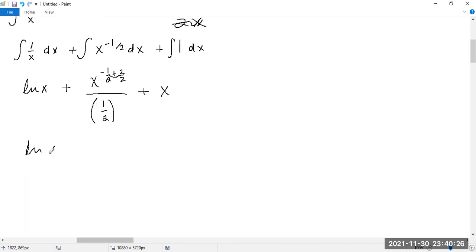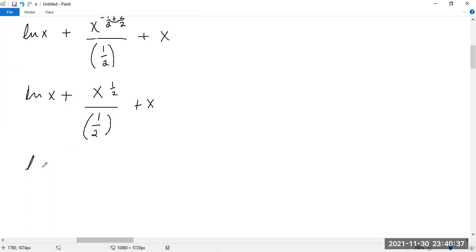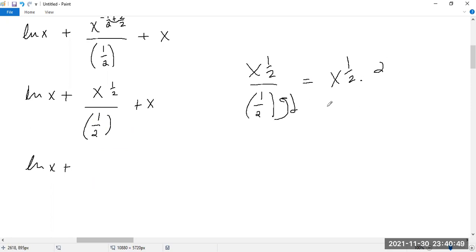So I have ln of x plus, so this is what, right? This is x to the 1 over 2 over 1 over 2 plus x. And I'm going to actually reverse this. So remember, if I have x to the 1 over 2 over 1 over 2, I can actually just multiply x to the 1 over 2 by the reverse, which is just 2. So I'll say this is 2x to the 1 over 2 plus x.